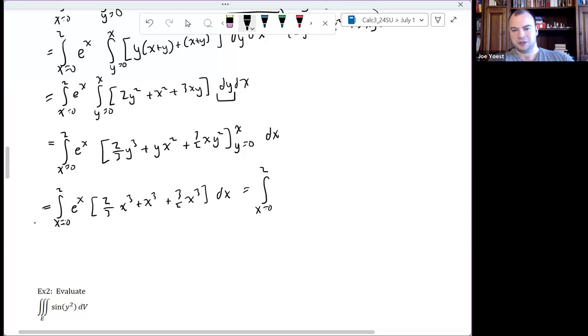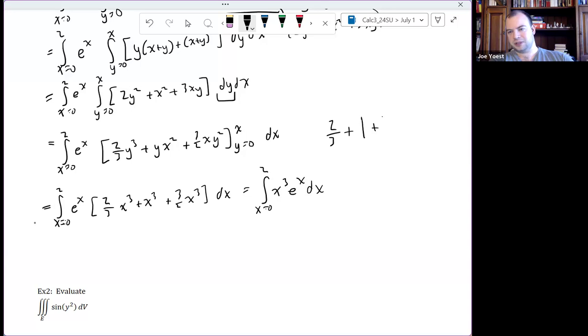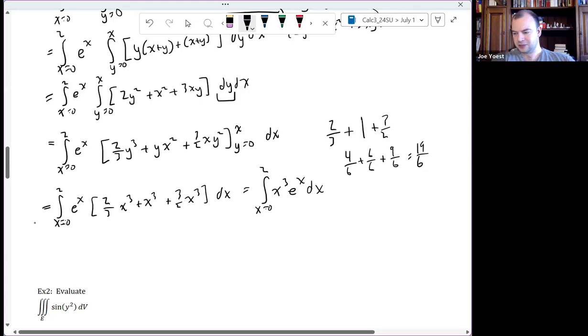And this gives me x cubed e to the x dx with a constant of 2/3 plus 1 plus 3/2, or that's 4/6 plus 6/6 plus 9/6, or 19/6 if I did all my arithmetic right.